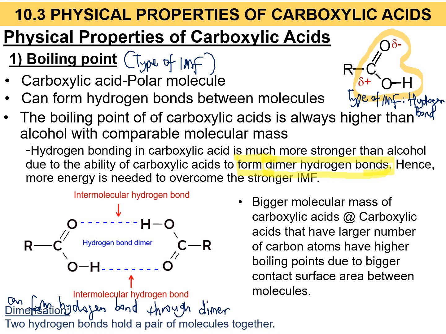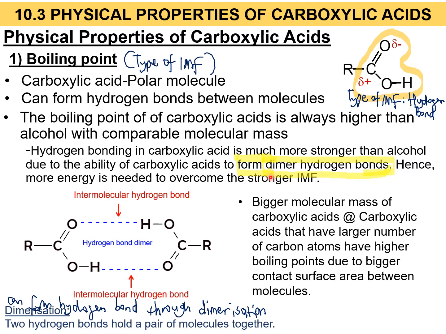Sebab nanti kalau let's say dia nak suruh kamu compare the boiling point between carboxylic acids and any other organic compounds, you can say that carboxylic acids will always have the strongest type of hydrogen bond is because it can form hydrogen bond through dimerization, ataupun you boleh cakap it can form dimer hydrogen bonds. Okay, so this keyword sangat penting. It will help you to gain marks in your kalau let's say you tengah examen, dia tanya pasal benda ni, this is like a very good point.